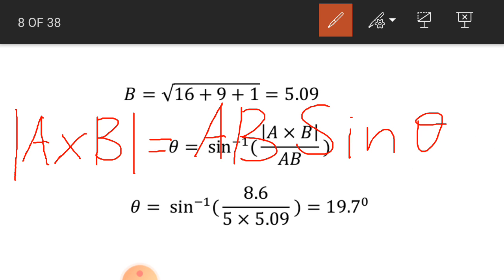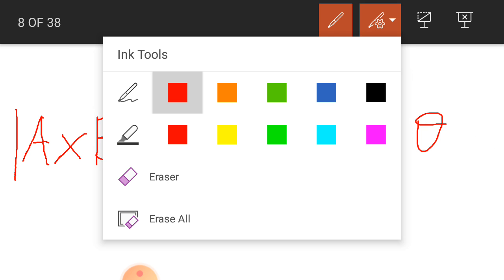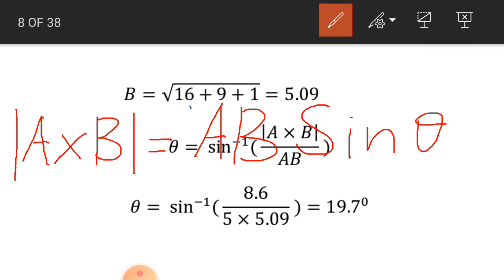We know this particular equation. The magnitude of the resultant vector A cross B will be equal to the magnitude of A into the magnitude of B into sine of the angle between these two vectors.